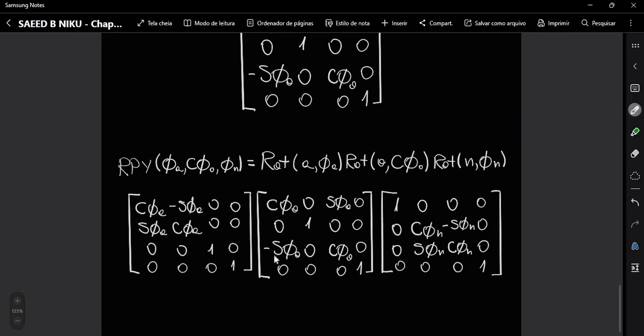And again, we will use Octave to evaluate this operation. And we can also do it by hand. But this we will do in the next video.